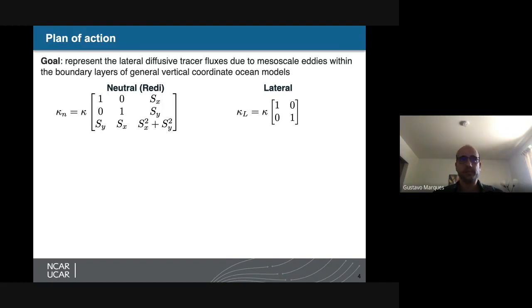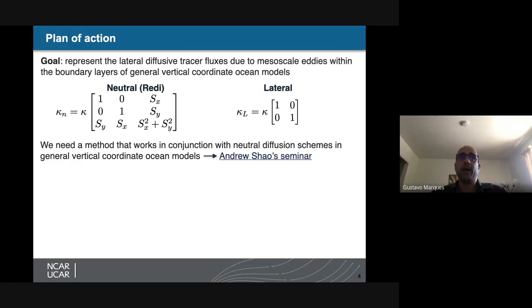You can apply a diffusion along isopycnals or neutral surfaces, and notice that it has this horizontal lateral part in it. For example, when this was implemented in POP, you could do both neutral and horizontal diffusion within the same operator by, near the surfaces, just using the 2D part of the tensor. And what we want is just this lateral part.